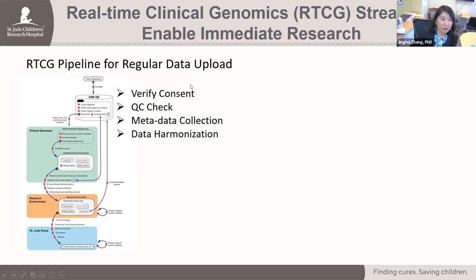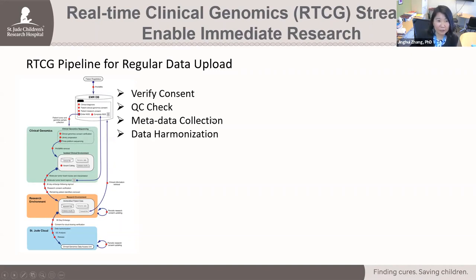The RTCG pipeline was developed so that the ClinGen data can be uploaded onto St. Jude Cloud. It involves a couple of very critical steps, including verifying the patient consent.